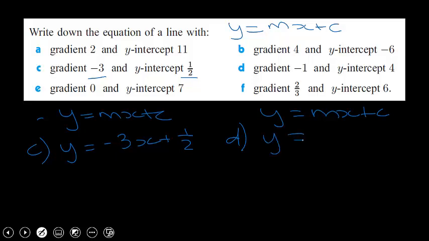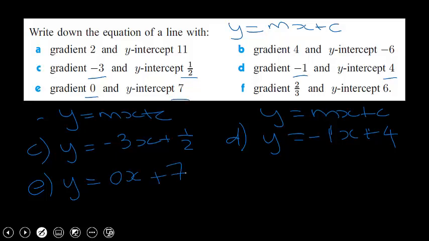So y equals, the gradient is minus a half, it's minus 1x, and the intercept is plus 4. For E, y equals 0x plus 7, so y equals 7.